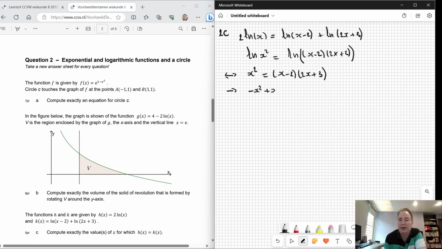So I get a plus x. And what about the constant term is minus 6. So I get a plus 6 is equal to 0. And just multiply by a minus sign, the x squared minus x minus 6 is 0.